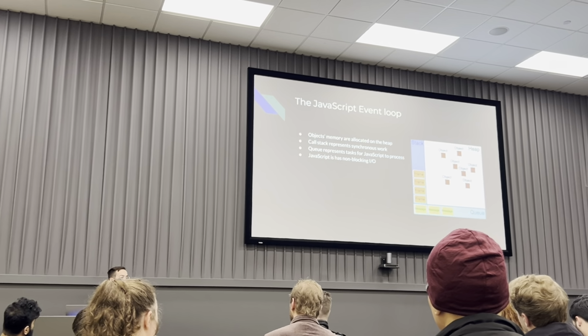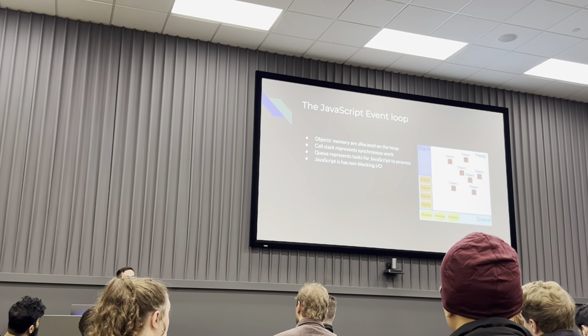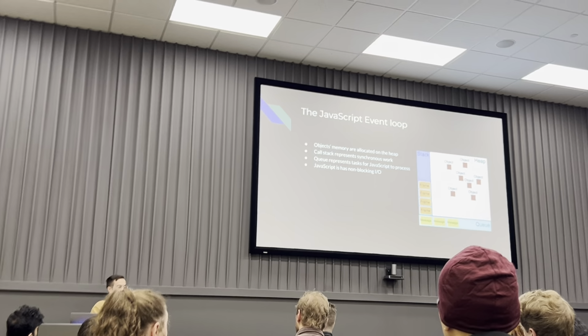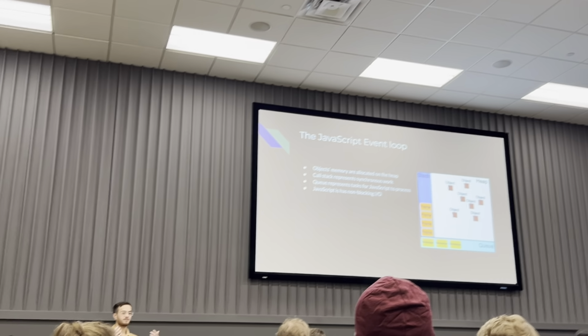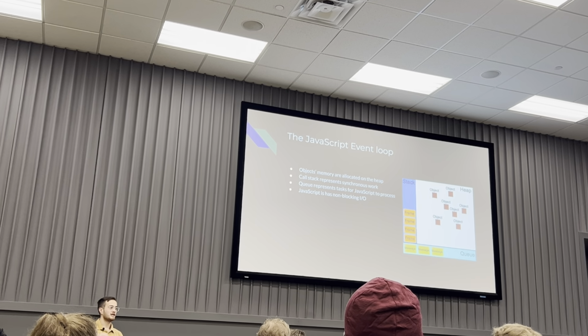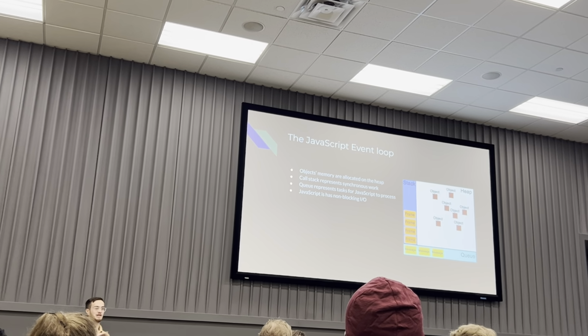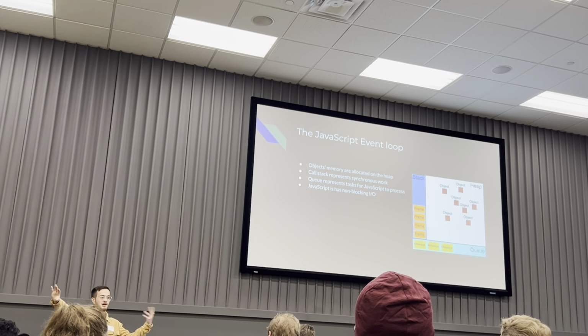For example, a network request is a form of I/O, right? I'm sure that many of you who've worked with JavaScript at all have had to make an Axios request, right? You do a GET request to some URL. During that time when the request is being made and sent across the network, the thread doesn't need to do anything. It's just waiting for the response to come back.